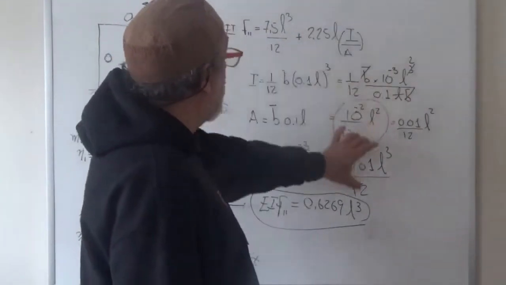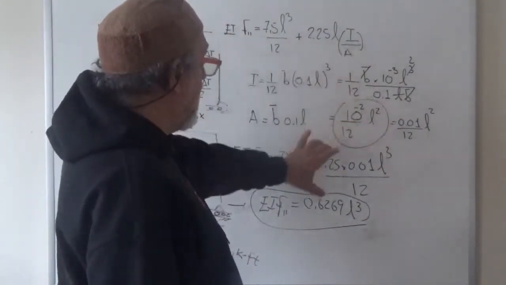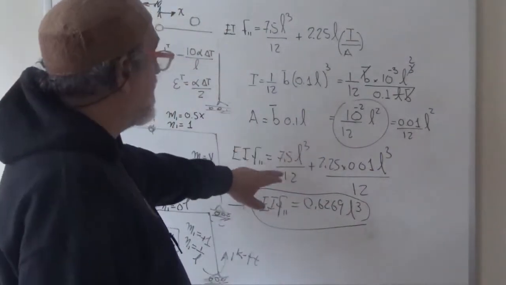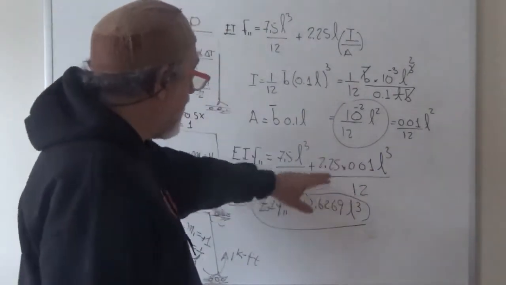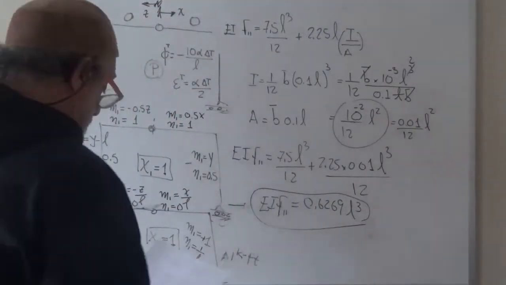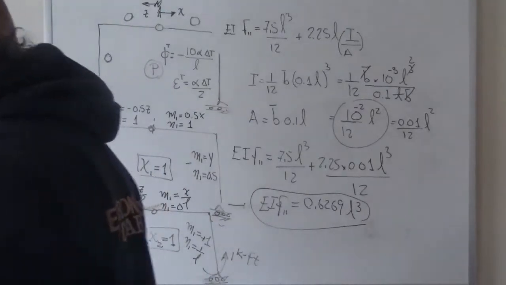Substituting for that over here and multiplying by 2.25 L, you get this result, and when you actually substitute what is 7.5 over 12 and add this, you get that. Or at least I get that, okay?